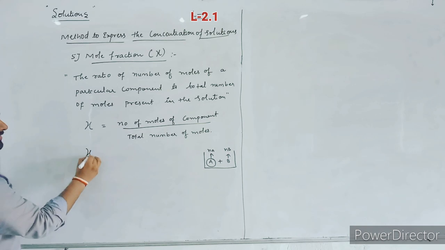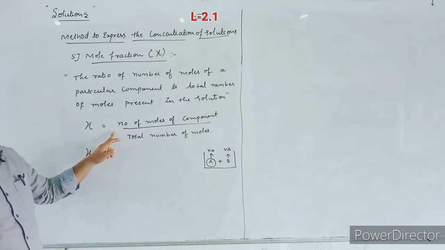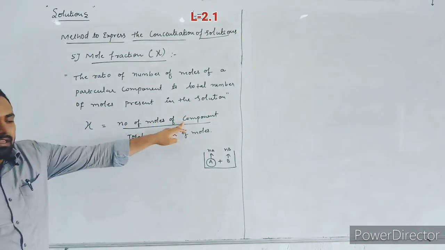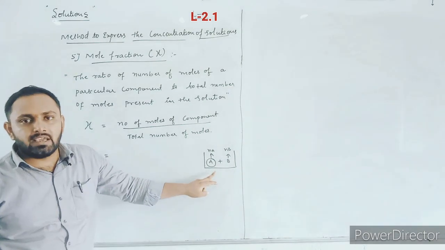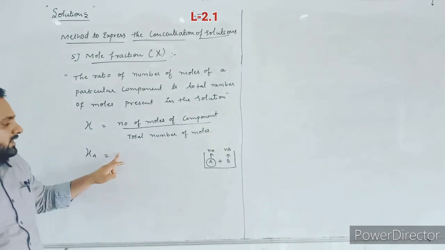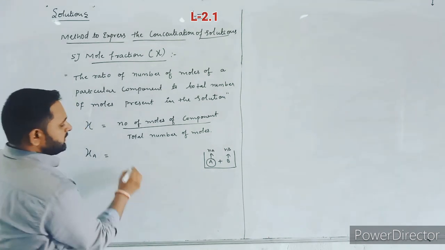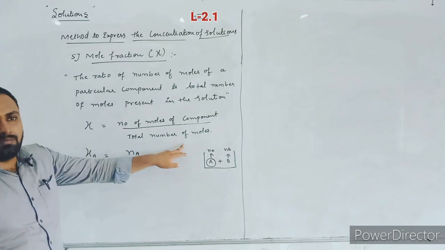The mole fraction of A component is equal to, according to the mathematical expression, the number of moles of a particular component. Here in this solution, you are going to calculate mole fraction of A component. That's why here you write the number of moles of A. Number of moles of A gas in the solution is equal to Na divided by total number of moles.